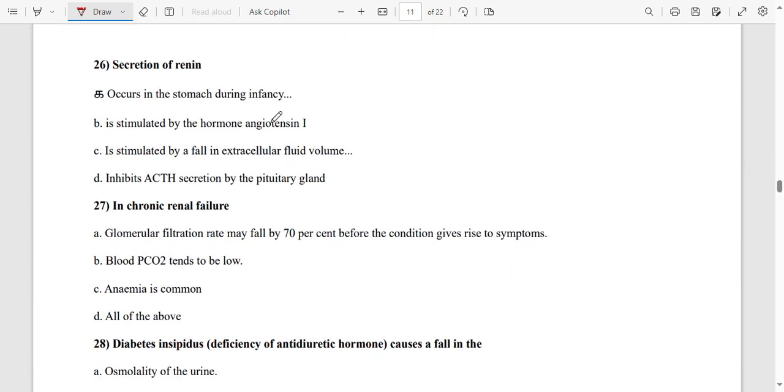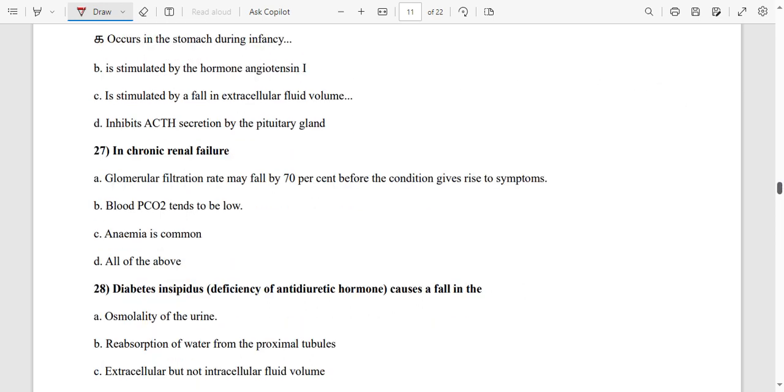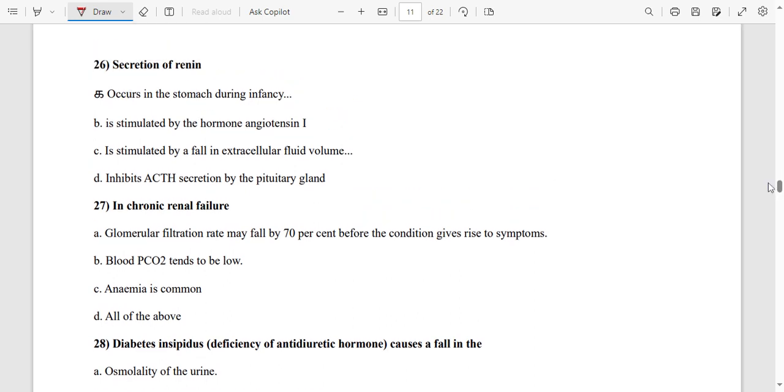Secretion of renin: A, occurs in the stomach during infancy. B, is stimulated by the hormone angiotensin 1. C, is stimulated by a fall in extracellular fluid volume. And D, inhibits ACTH secretion by the pituitary gland.